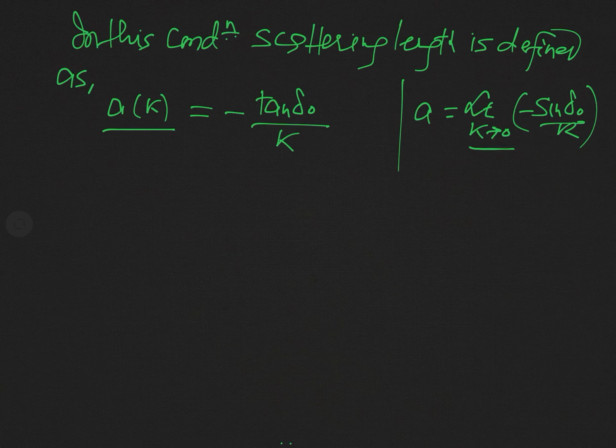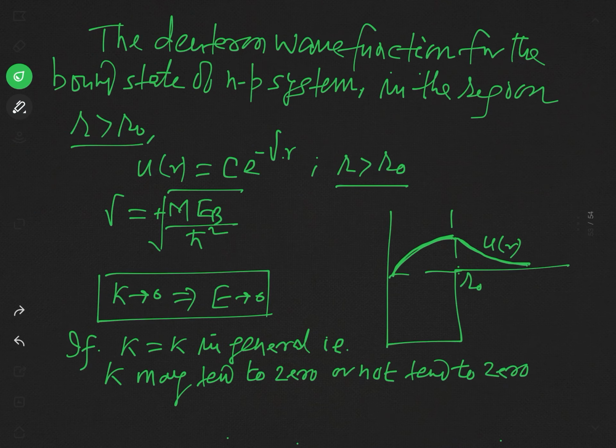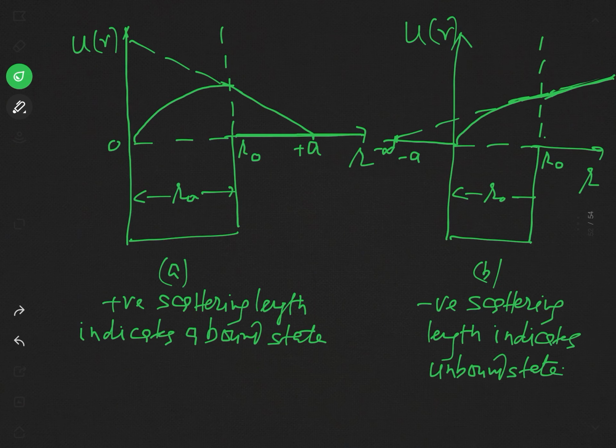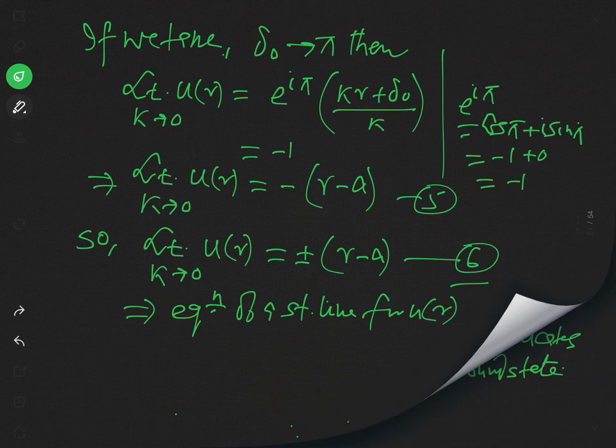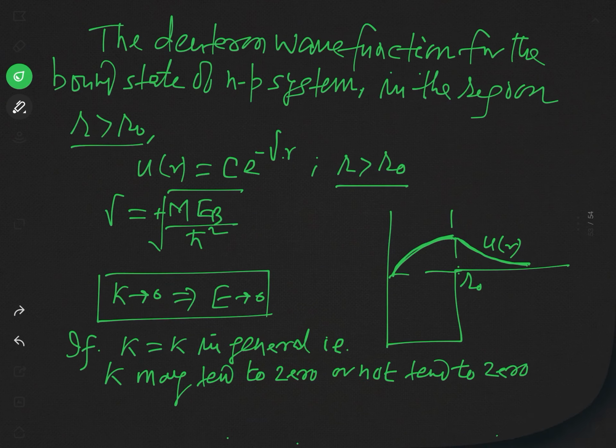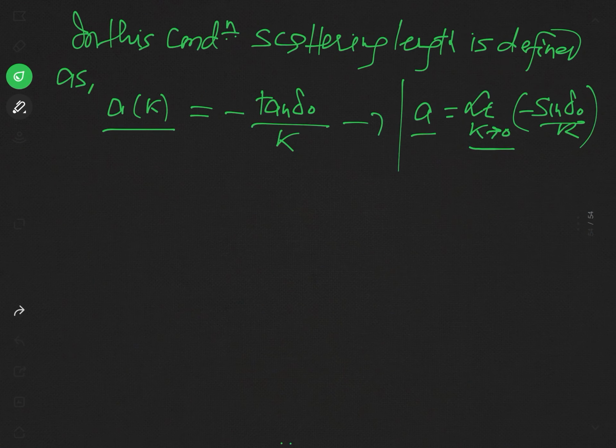But this definition is valid when k tends to 0. But if in general we take k not 0 but k equal to k, in that condition a scattering length depends on the value of k or on the value of energy of the striking neutron. And in this condition we define this A of k in this manner: A of k equal to minus tan delta naught over k. What will be the equation number? You can see that we should write it equation 7. Say this is equation 7.